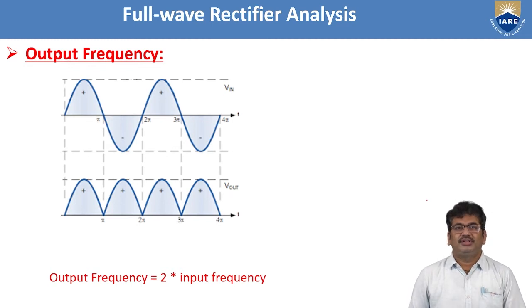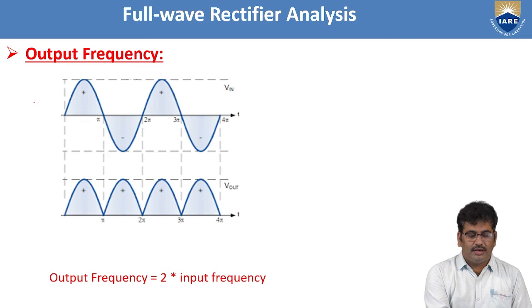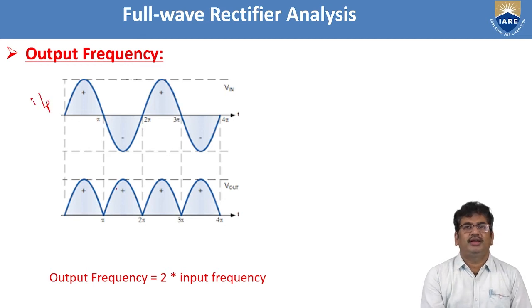Coming to the next factor, which is output frequency. The input signal for the full wave rectifier is shown on the top, which has a time period of 2 pi. So if I take Ti as the input time period, it is 2 pi.